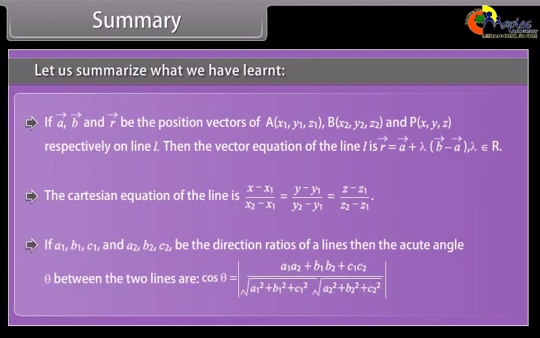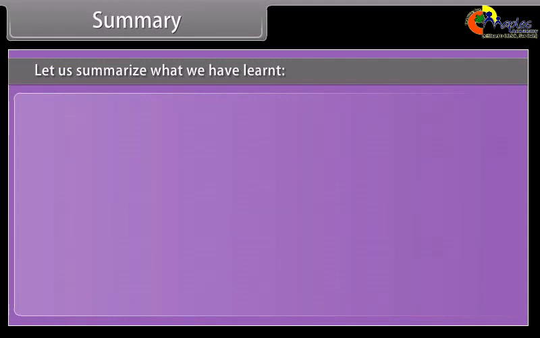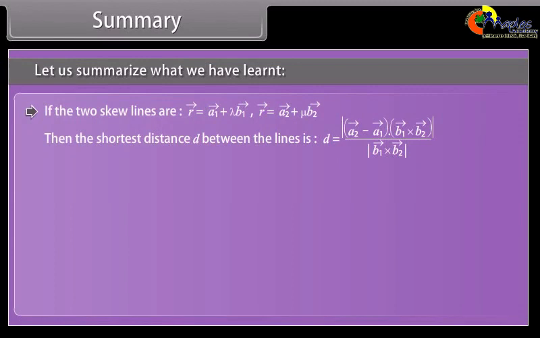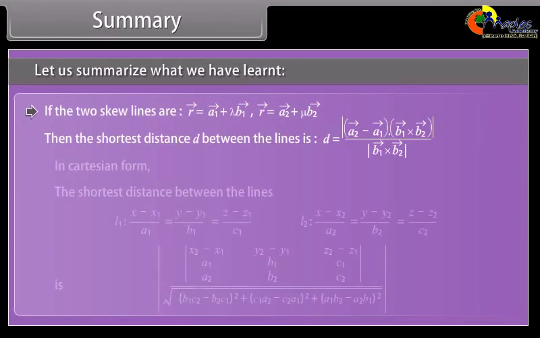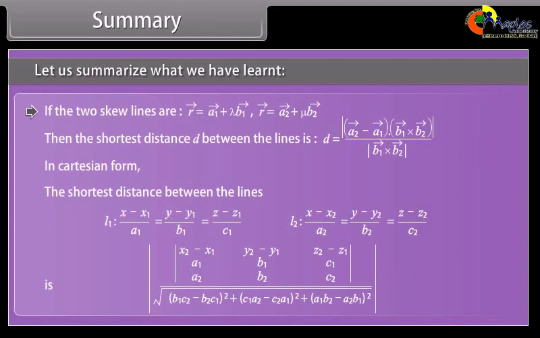If a1, b1, c1 and a2, b2, c2 be the direction ratios of a line, then the acute angle theta between the two lines is given by. If the two lines are skew, then the shortest distance d between the lines is, in Cartesian form, the shortest distance between the lines is.